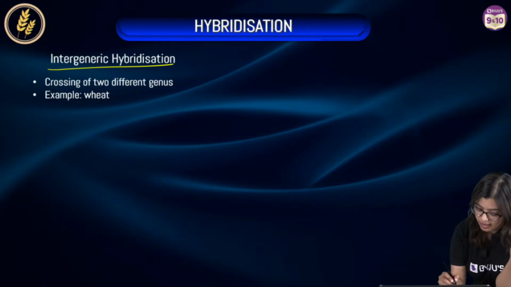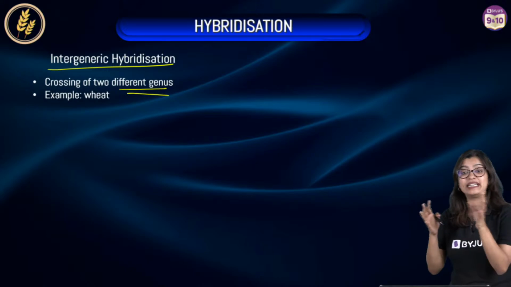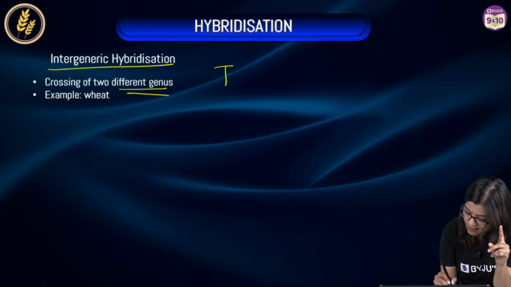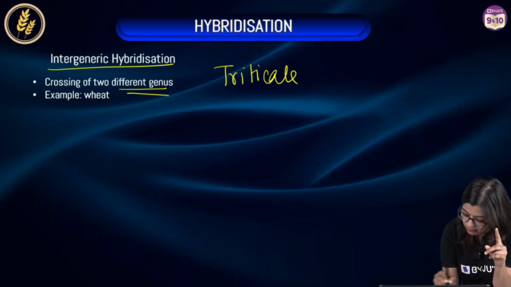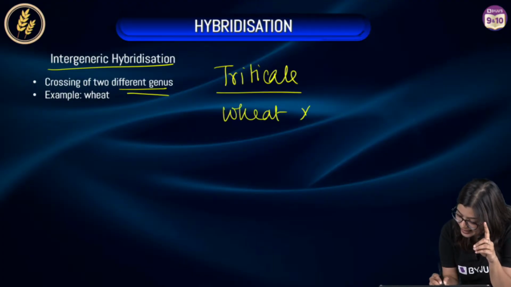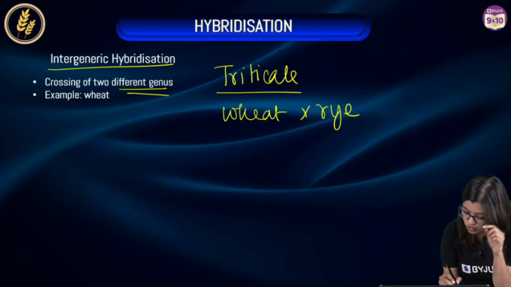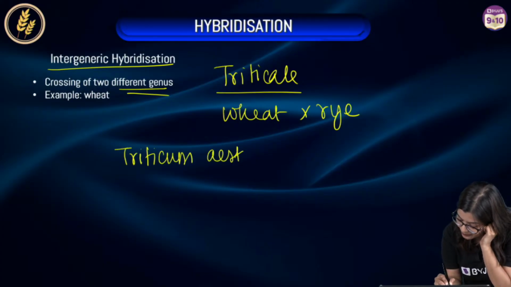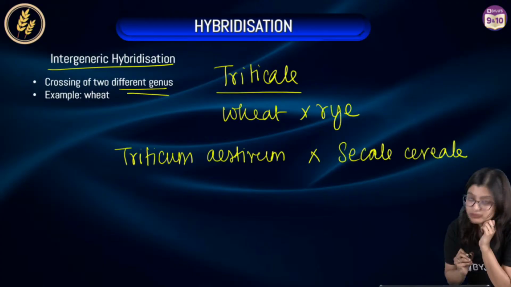So if you see here, it happens between two different genuses altogether, okay? So what do we see? One example I'll give you is that of triticale, okay? This triticale is a cross between wheat and rye. So wheat here again I told you, scientific name is Triticum aestivum, while rye is Secale cereale, okay?